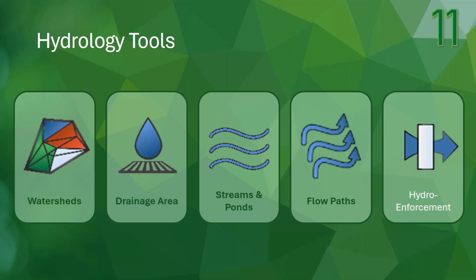We've got watersheds, drainage area, streams and ponds, flow paths, and then the last one, which I've denoted in a different color here, hydro enforcement. That one really is a feature property that you can apply that allows you to make features hydro enforced, allowing flow through them. We'll discuss each of these briefly now, just to help you understand it.